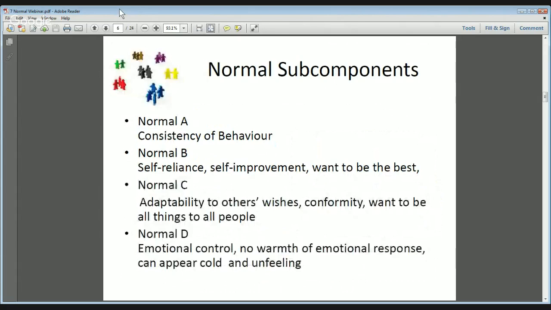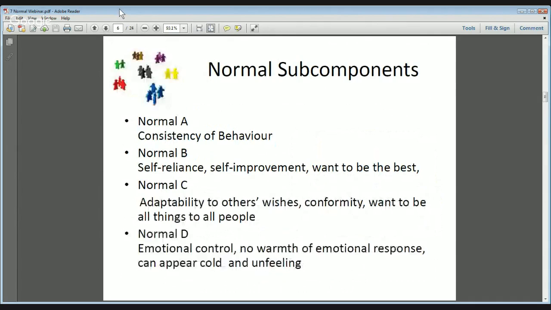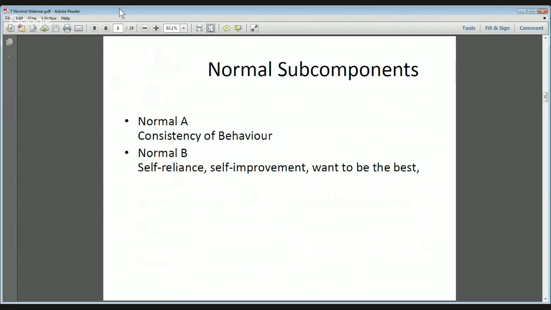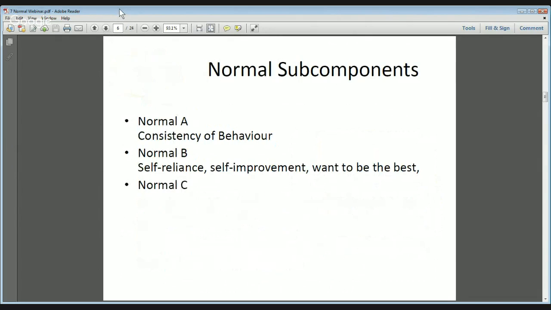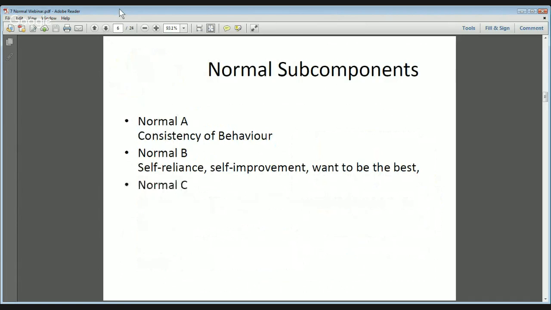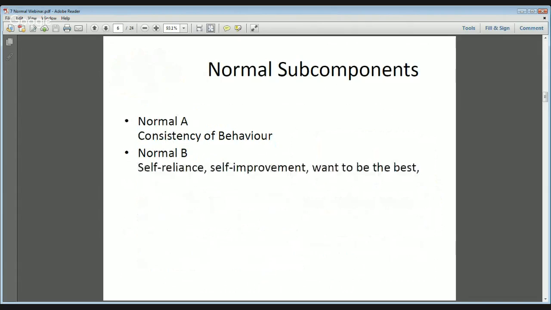Normal B is effectively self-reliance and self-improvement and a desire to be the best they can. Normal C defines how adaptable you are to other people's wishes. These people are conformists. They want to be all things to all people. And then normal D is emotional control. There's no warmth of emotional response, and these people can appear cold and unfeeling. So these are the 4 subcomponents of normal.